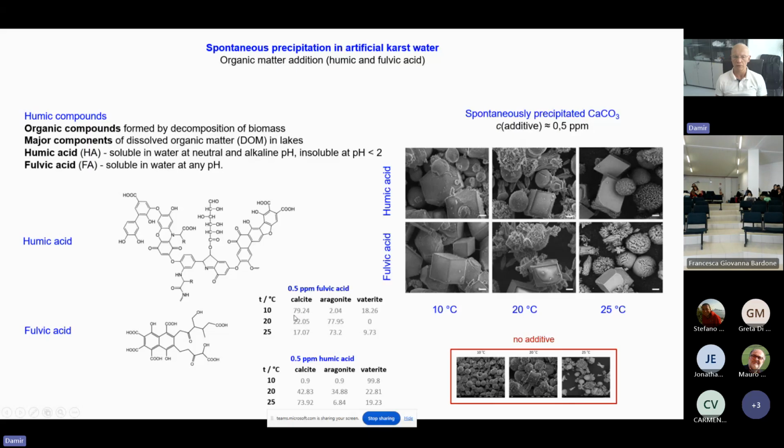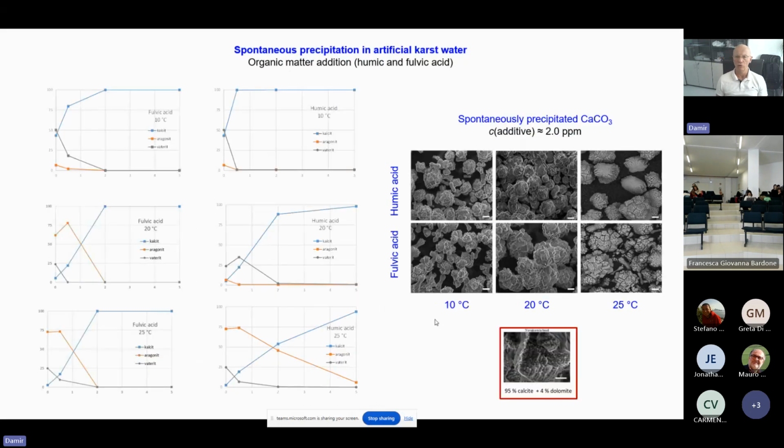So actually, we made a chemical characterization, not only at 0.5 millimoles, but we also increased the concentration of additives, and we can see here how the content of calcium carbonate precipitate changes after the addition of fulvic and humic acid at different temperatures.